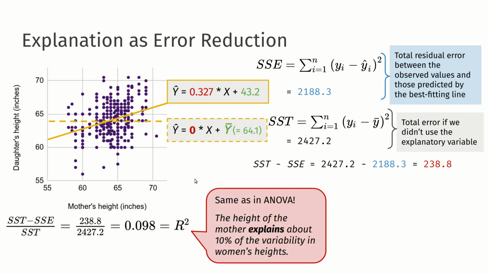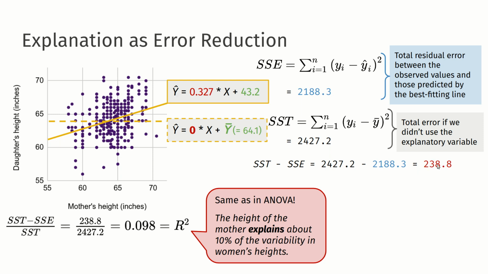And we can then use the same trick that we saw with analysis of variance and say, well, this is equivalent to the between group sum of squares in analysis of variance. And so what we need to do to ask, well, okay, what proportion of variance in the response variable can be explained by this linear relationship with the explanatory variable?